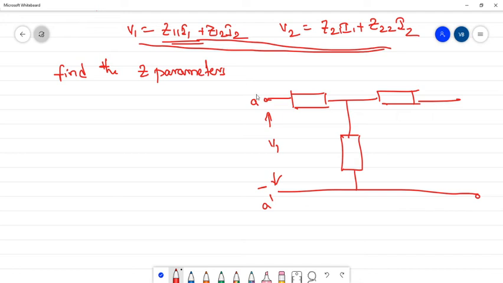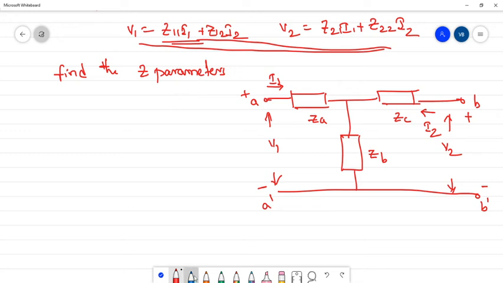This is the negative port and this is the positive port, and the current is I1, and here this value is ZA, this value is ZB, and this value is ZC. The current entering is I2, and here the potential difference is V2, and here these ports are B bar, this is the negative port and this is the positive port. So for this one we need to calculate the Z parameters.